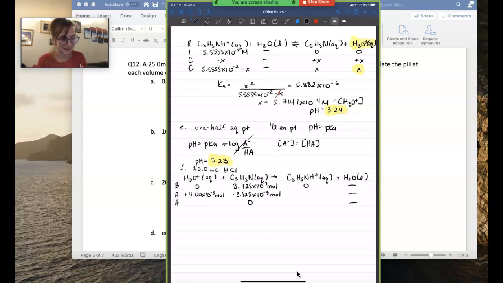It's been completely neutralized. And to figure out how much is left over after reaction, we need to take what we put in of the hydronium ions and subtract how much is reacted. So 4 times 10 to the negative third minus 3.125 times 10 to the negative third tells you how much is in excess. 8.75 times 10 to the negative fourth moles.